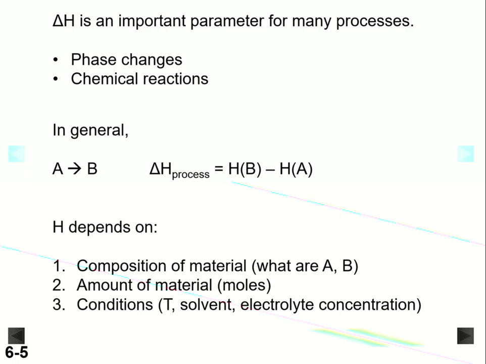This is a very general way to think about delta H. In general, if A goes to B, so A is reactant, B is product, delta H for the process is equal to H B minus H A. We take our final state minus our initial state. That tells you where we've gotten to.